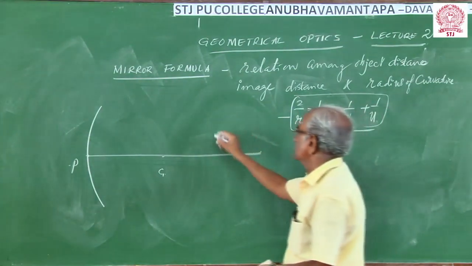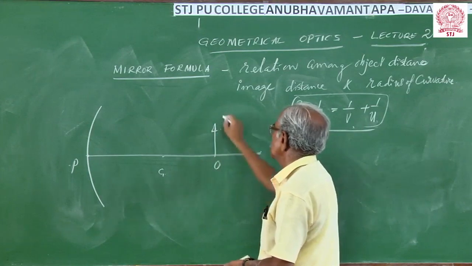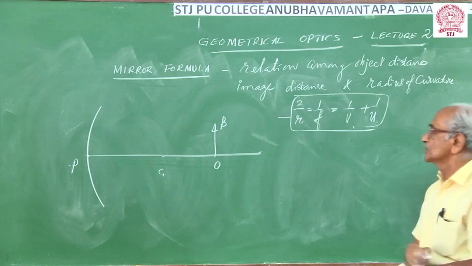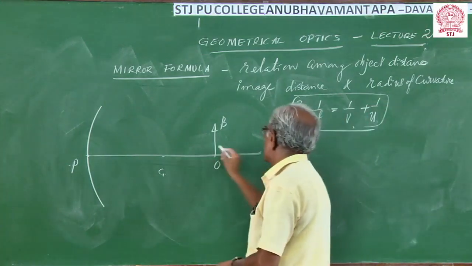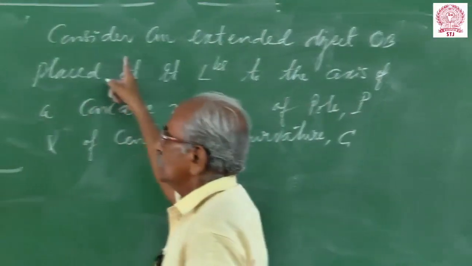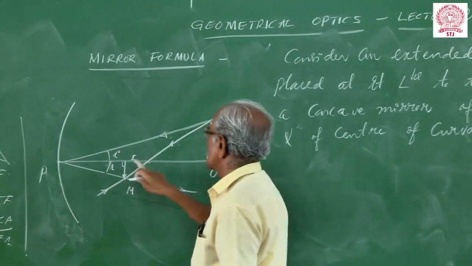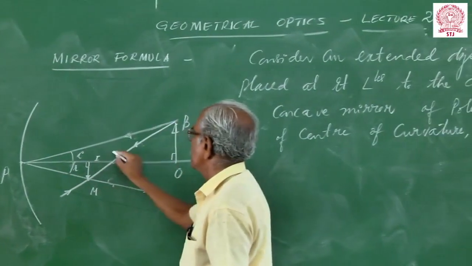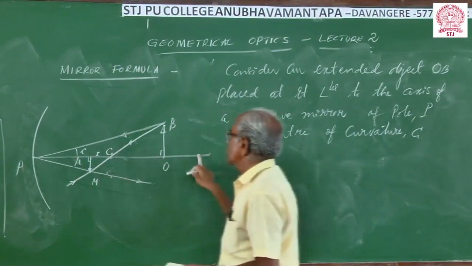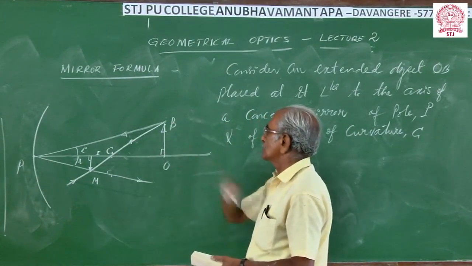I'll keep an extended object having some size, placed at right angles to the axis. Now I have taken a concave mirror of pole P and of center of curvature C. So therefore this is the axis. I have placed an extended object OB at right angles to the axis of the mirror.